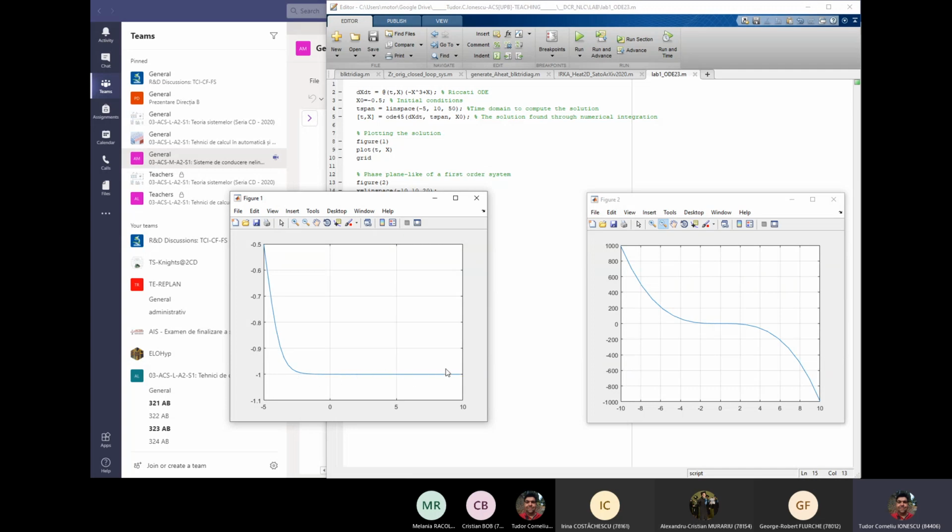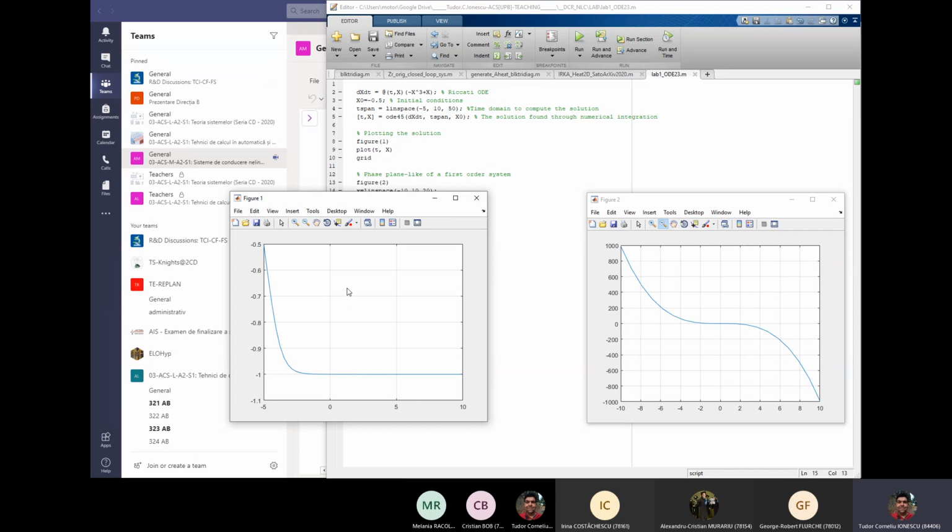If it stops and is content at -1, that means that -1 is an equilibrium point. If you compute minus x to the power 3 plus x equal to 0, the solutions are x equal to 0, 1 and -1. So we can see here the -1 equilibrium.